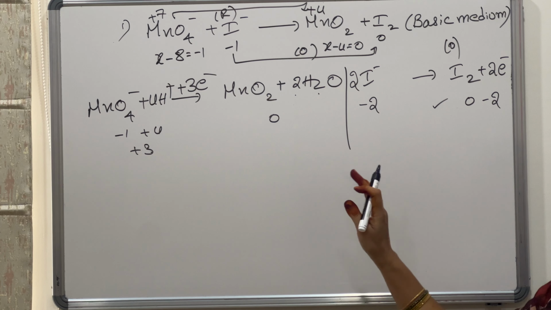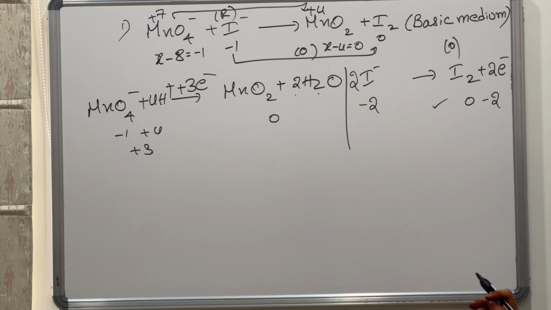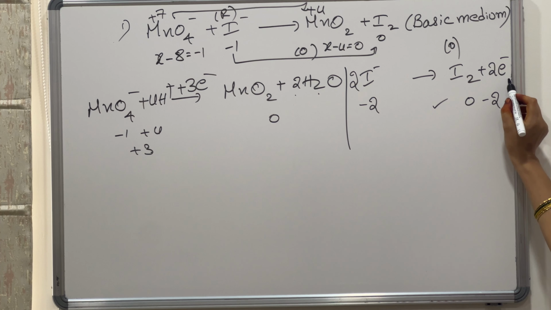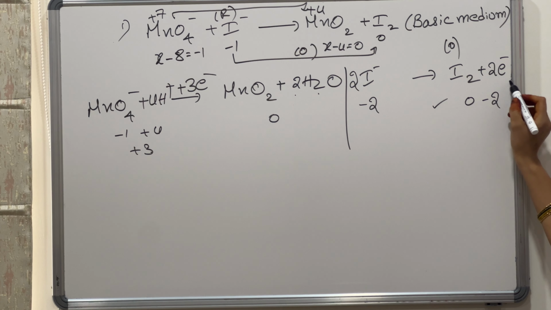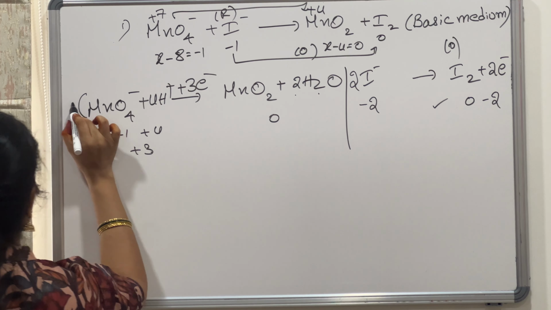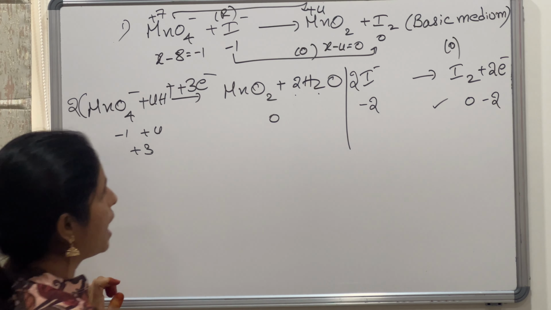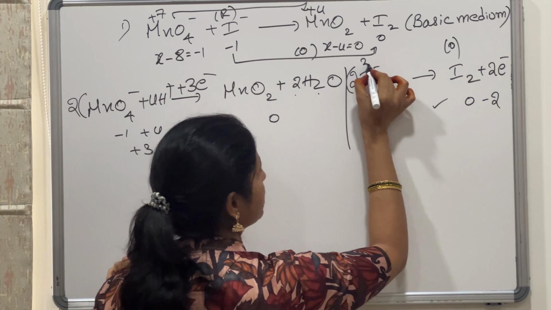Now combine these two equations so that the electrons get cancelled. Here 3 electrons are there, 2 electrons here. So you multiply this equation with 2 and multiply this equation with 3.